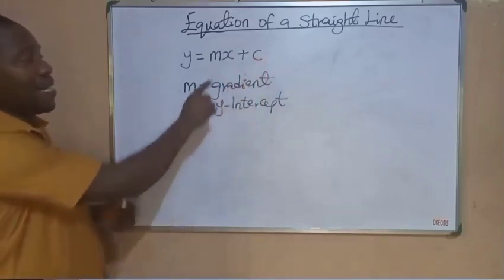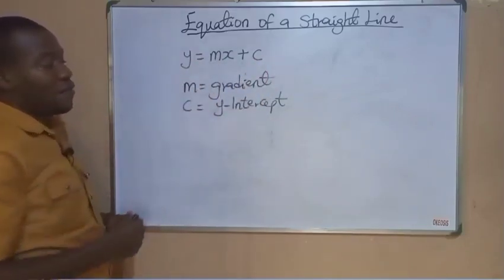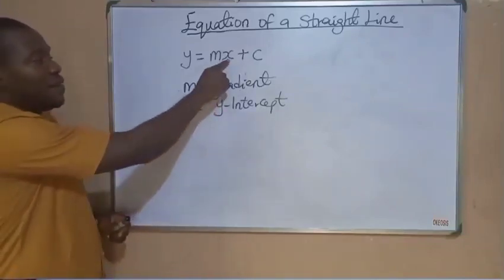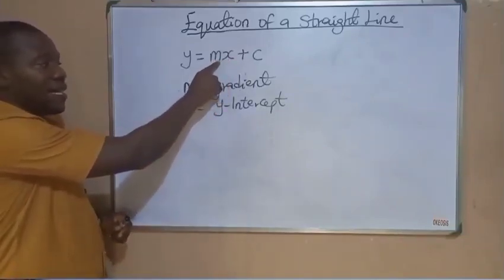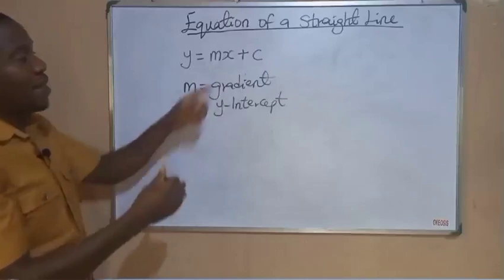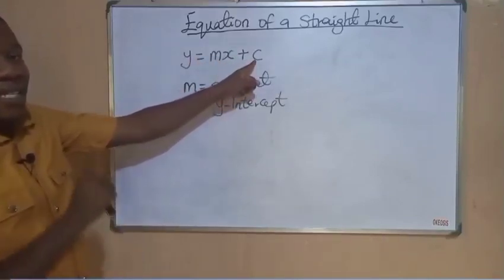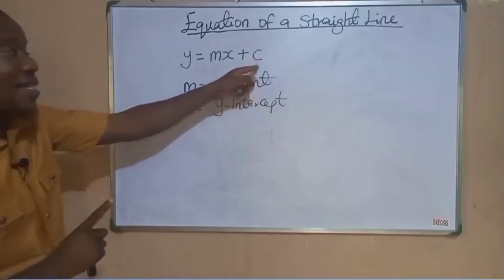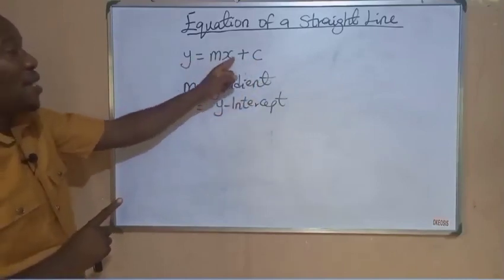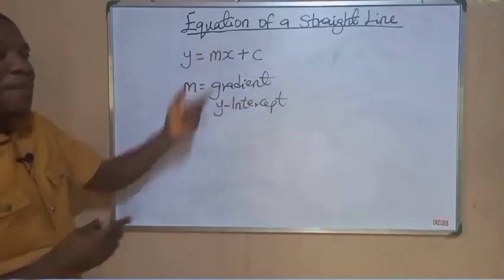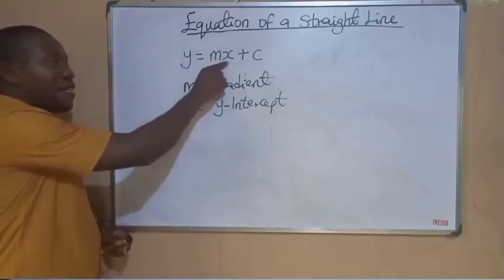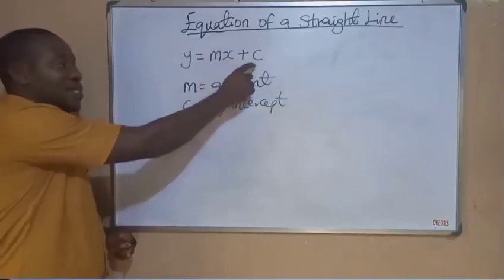So we can replace x with 0 in this formula. If we do that, we have 0 here, and this becomes m times 0, and m times 0 will give you 0. So y becomes what? c. That is why c is the y-intercept, because that is the value of y when x is 0. Because if x becomes 0, every other thing here becomes 0, and y narrows down to c.